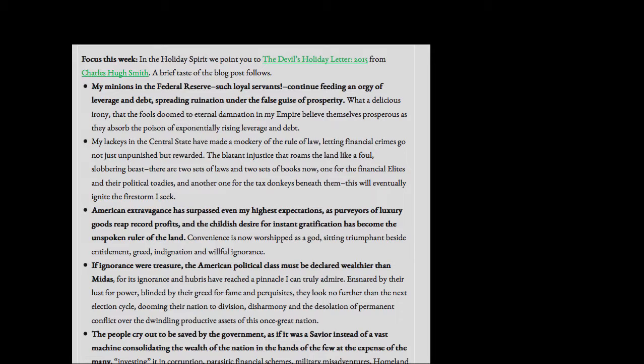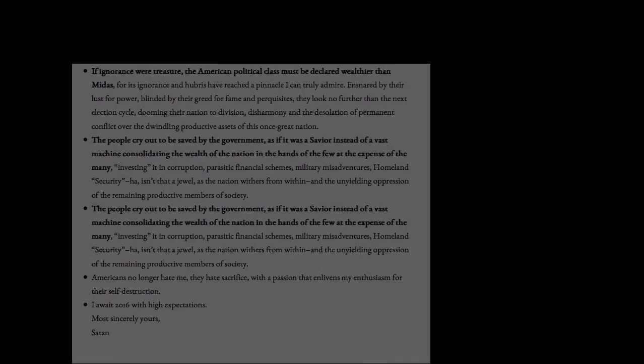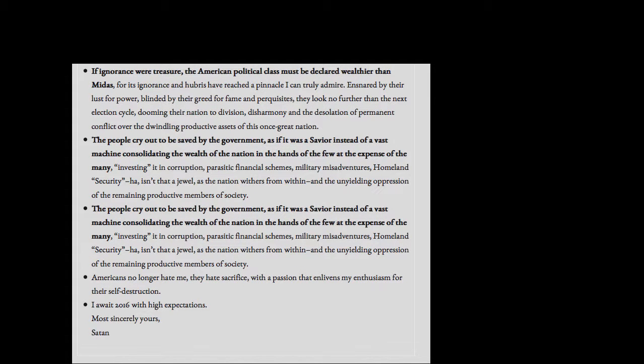Convenience is now worshipped as a god, sitting triumphant beside entitlement, greed, indignation, and willful ignorance. If ignorance were treasure, the American political class must be declared wealthier than Midas, for its ignorance and hubris have reached a pinnacle I can truly admire.